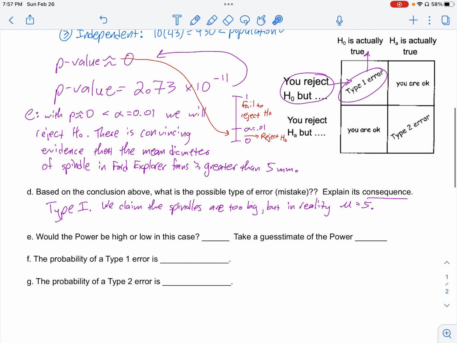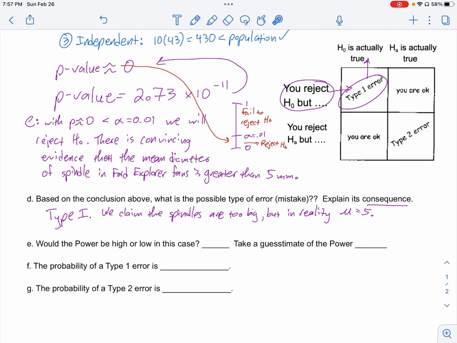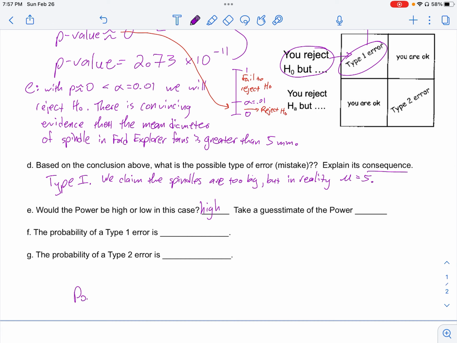Would the power be high or low? Well, it's going to be quite high, because I got such a low p-value. Remember, power is the probability of correctly rejecting the null.